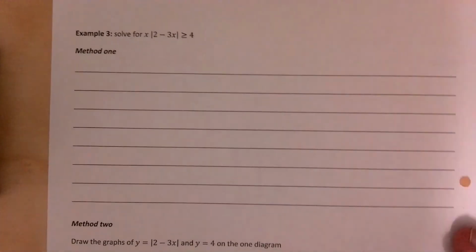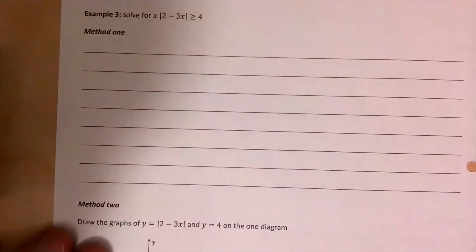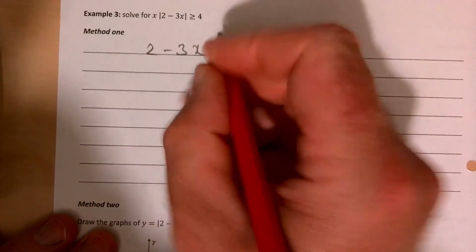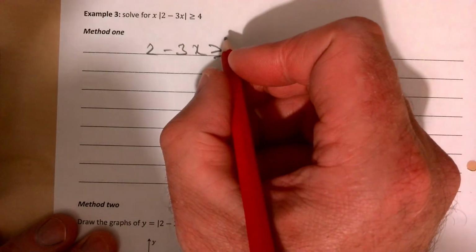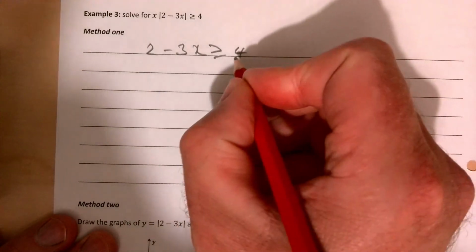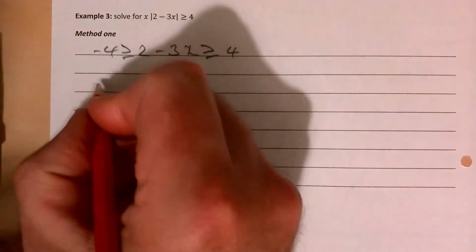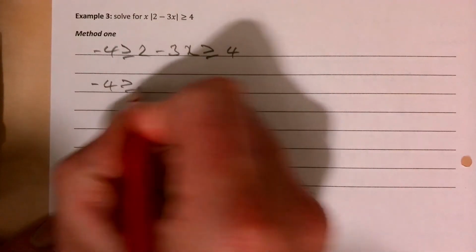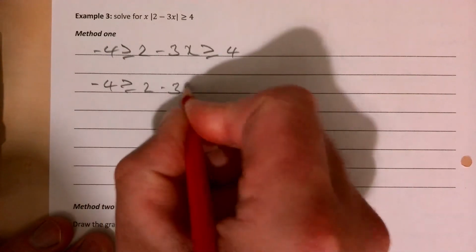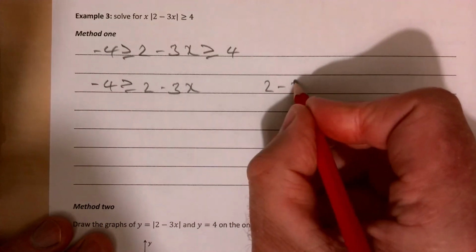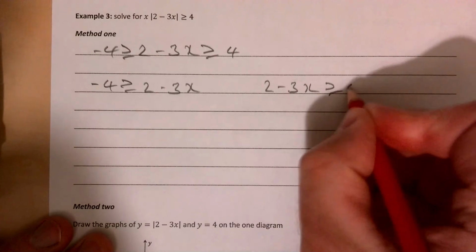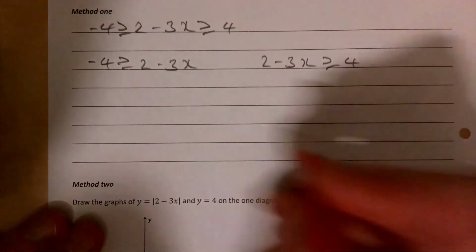Solve for x. The modulus of 2 minus 3x is greater than or equal to 4. So we have 2 minus 3x is greater than or equal to 4, or equal to minus 4, and we set it like that. Minus 4 greater than or equal to 2 minus 3x, and then 2 minus 3x greater than or equal to 4.